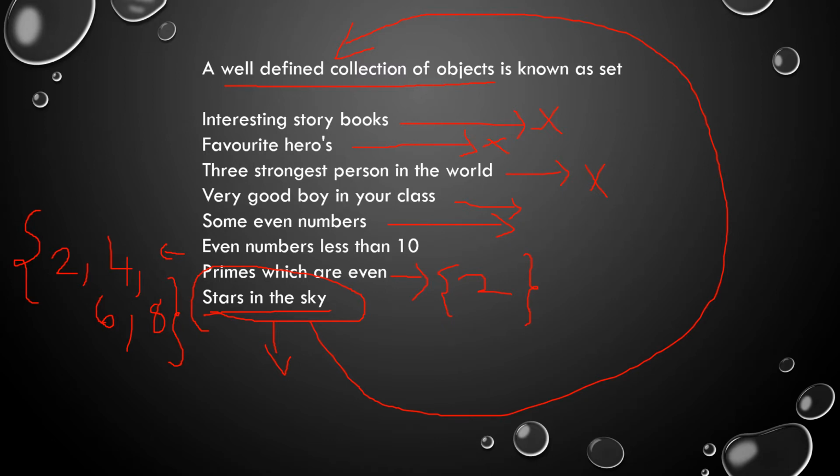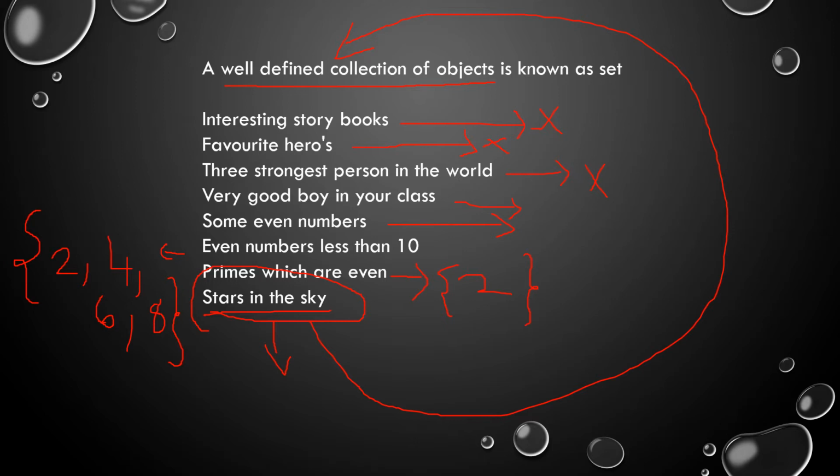The three strongest persons in the world, the same way, I cannot say which persons are in that collection. Very good boy in your class, I can't say which objects belong to that collection and which don't. Some even numbers, the same case.